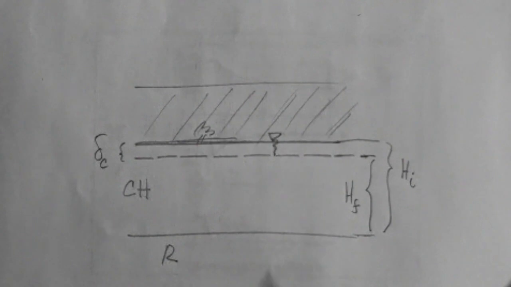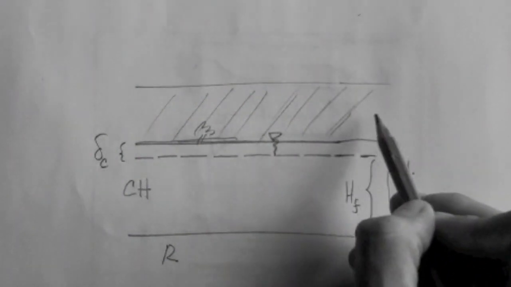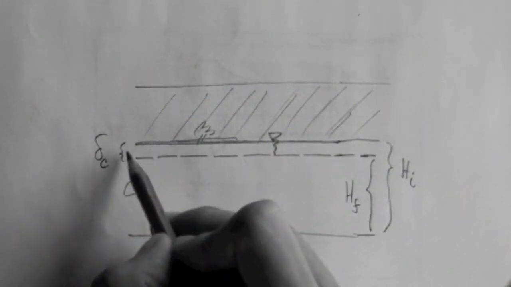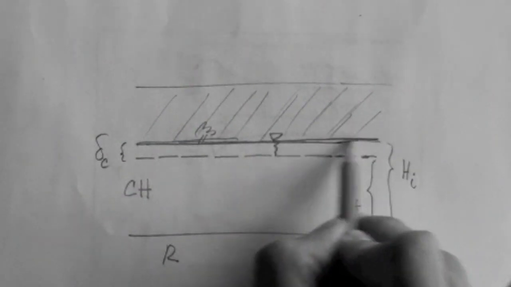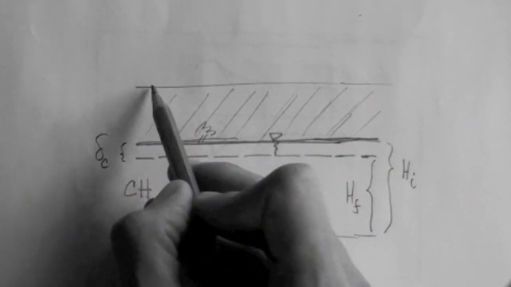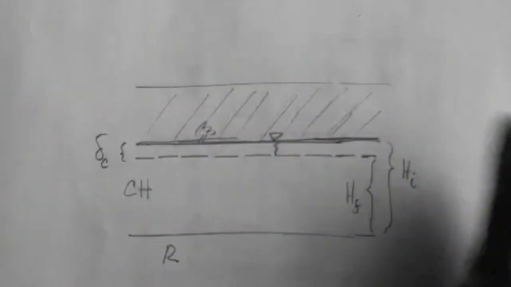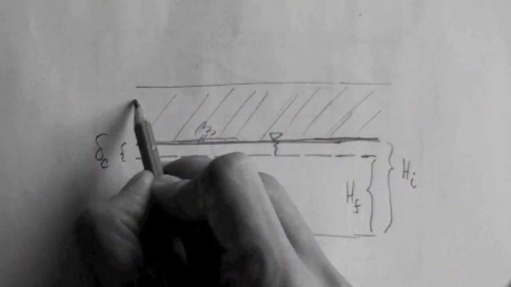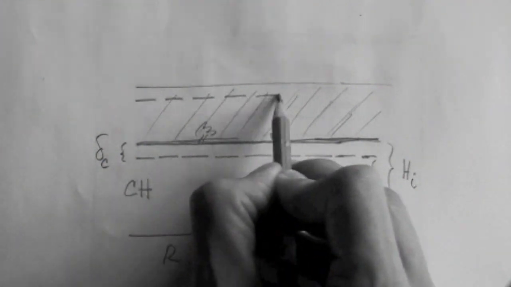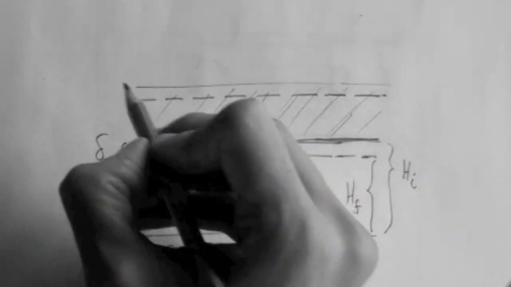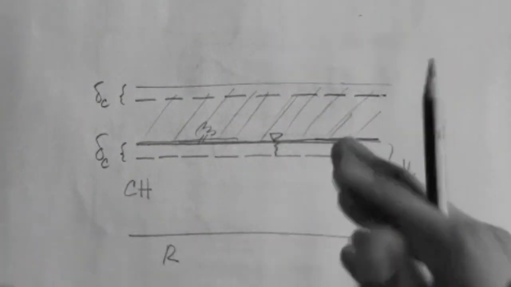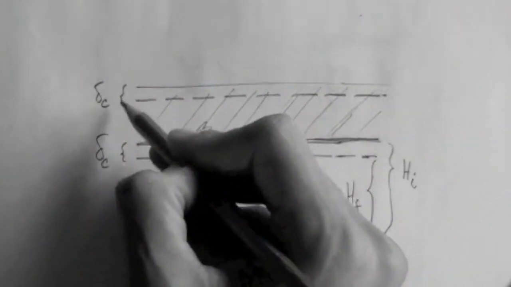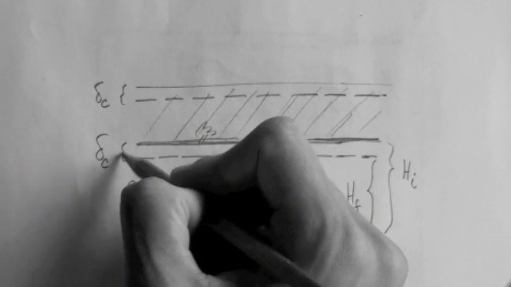It's very important. Now, what that means, if there's a consolidation settlement because of the placement of the fill, is that the fill is no longer going to be here after you finish constructing it, right? The fill is going to end up there.